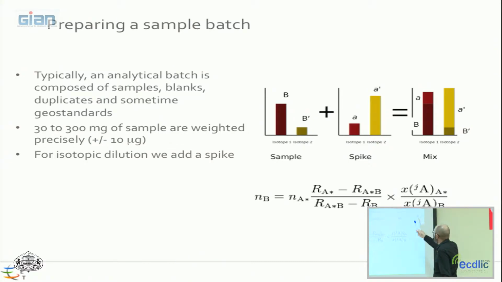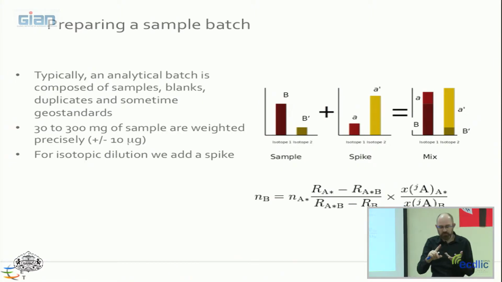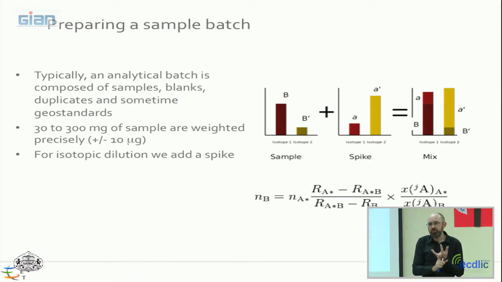And here you have the result of a mixing between a sample or blank with a normal isotopic composition and your spike. If you know your spike concentration, your spike isotopic composition, and the isotopic composition of your blank or your sample, for a blank it's the global isotopic composition of the continental crust, then you can come back to the concentration of your blank.